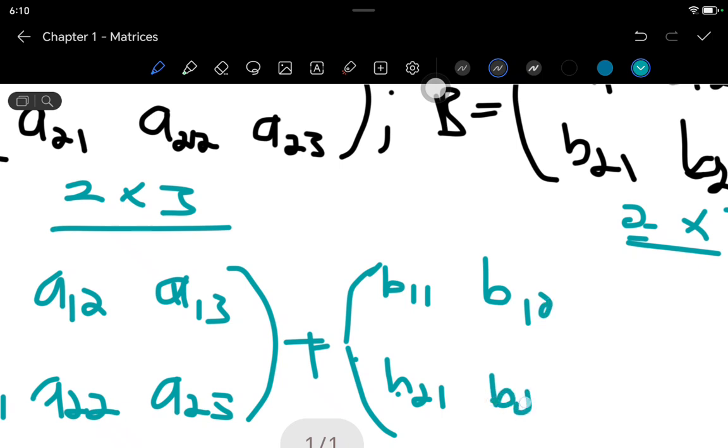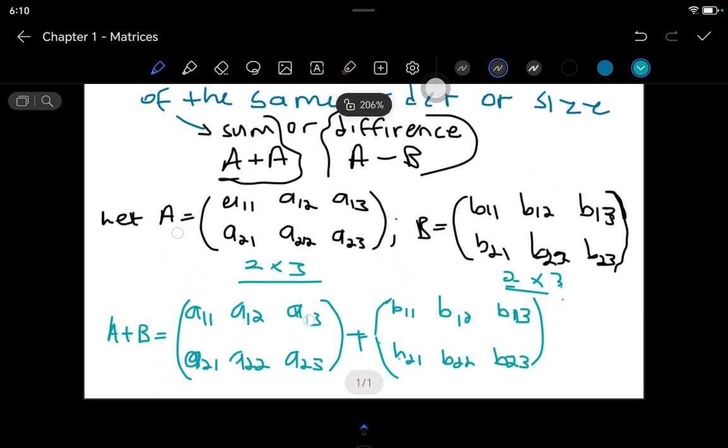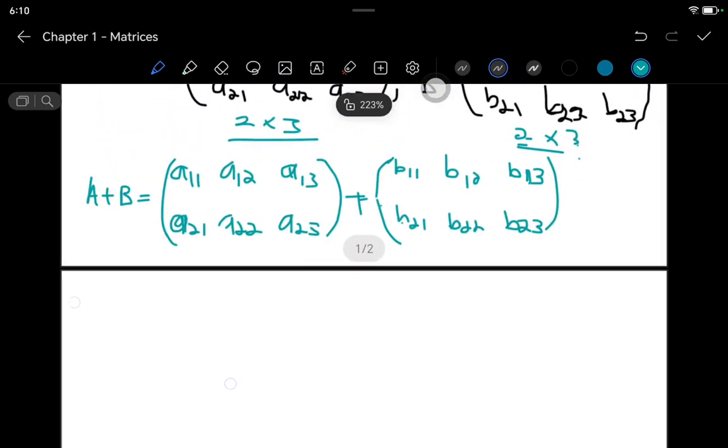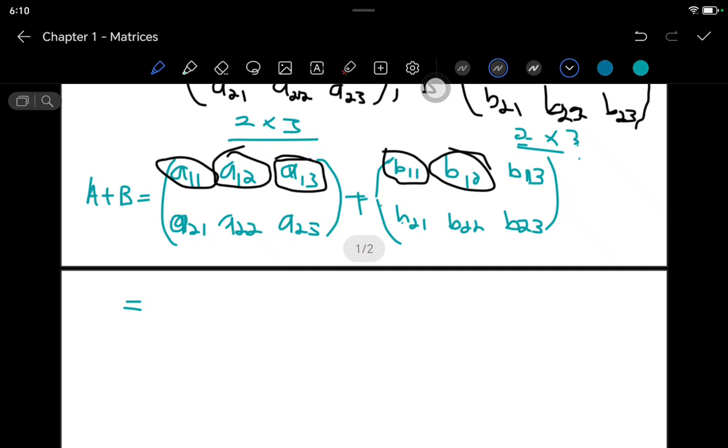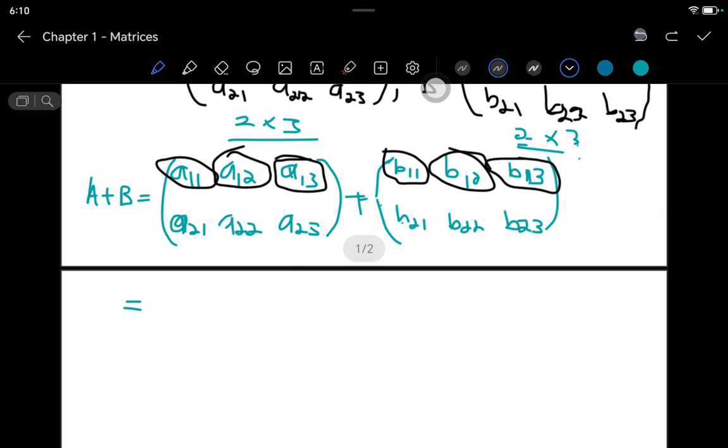And then when I write them like this, I'm going to add the corresponding entries. Add A11 with B11, A12 with B12, A13 with B13, and so on, respectively.